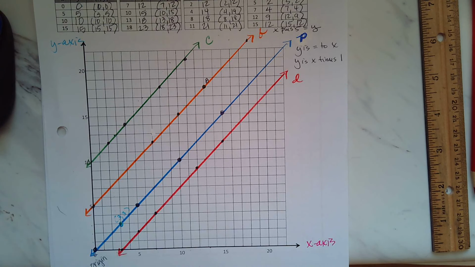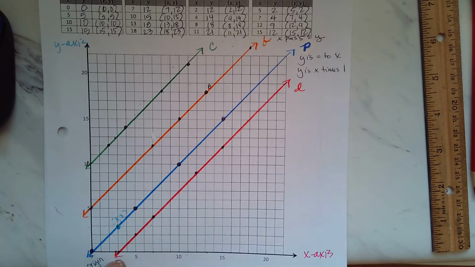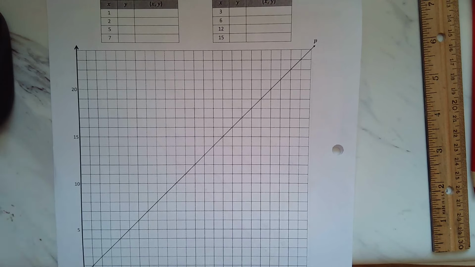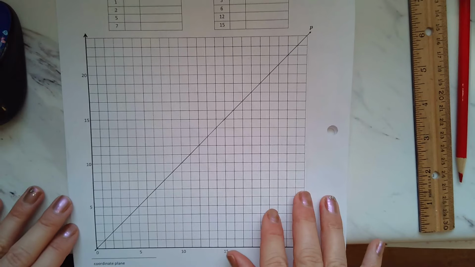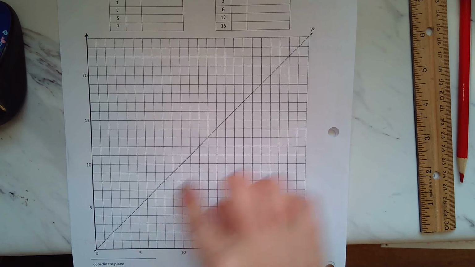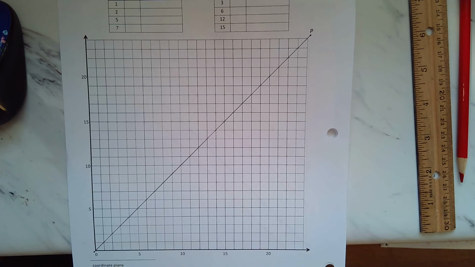Okay, we've analyzed this plane well enough. So let's turn and look at the back side. So if you notice, there's a line P already here. It's the same as the line P on the other plane. It's the line for the rule y is equal to x. This is the same line we drew on the other plane.